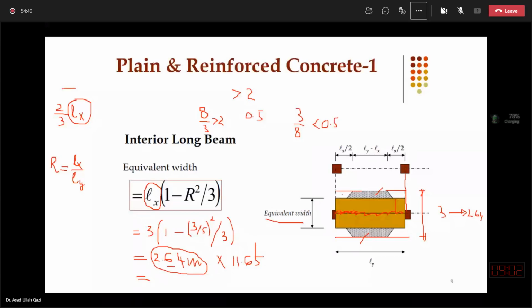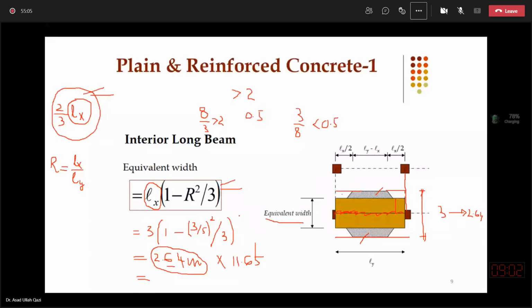This equivalent width will be used to determine the load transferred to the short beam, and this equivalent width will be used to determine the load transferred to the long beam.